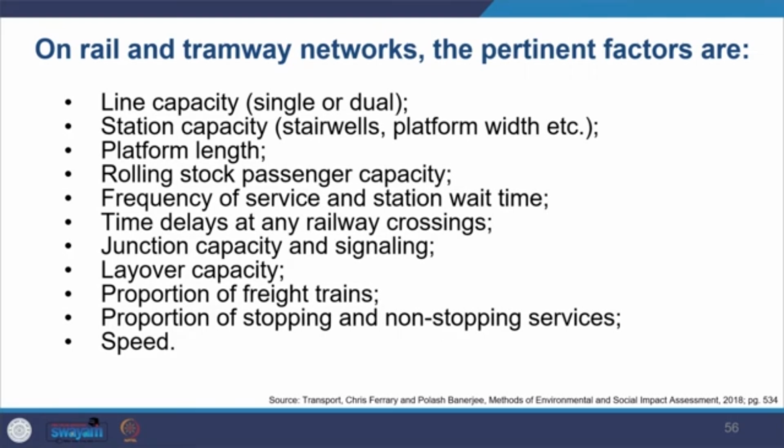Then what kind of passenger movement is there, what kind of capacity is there, what frequency of service is there, what kind of delays are there, what's the junction capacity, signaling issues, then layover capacity, proportion of freight trains, how many freight trains come, how many passenger trains come comparatively, what's the proportion, and how many trains really stop at a particular area, and then what's the speed. So all that has to be taken care of when you deal with those kinds of projects.